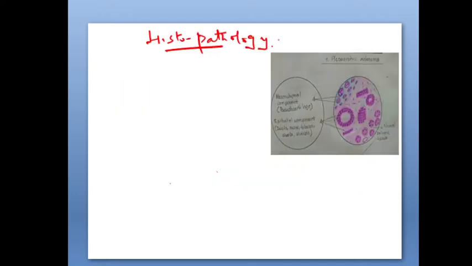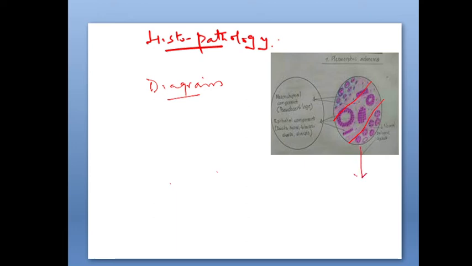Now coming to the histopathology of pleomorphic adenoma. Here, this is the handmade diagram. This diagram shows 3 distinct phases. One phase you have to appreciate is this, the second area is this, and this is the third one.